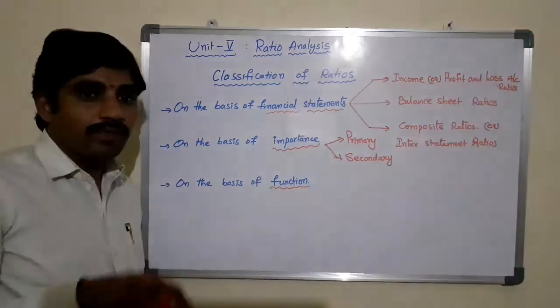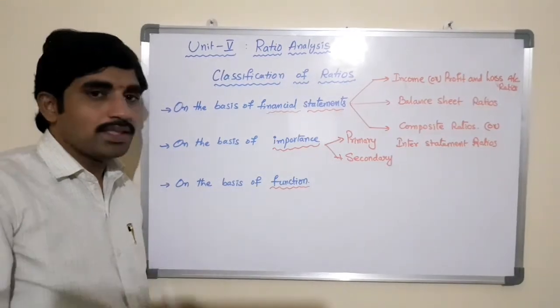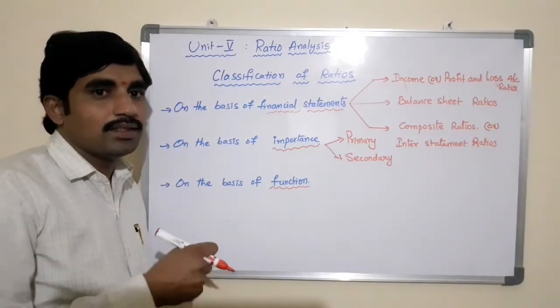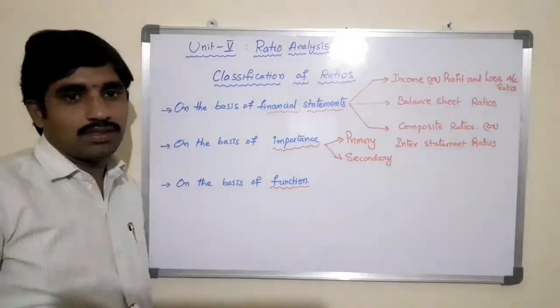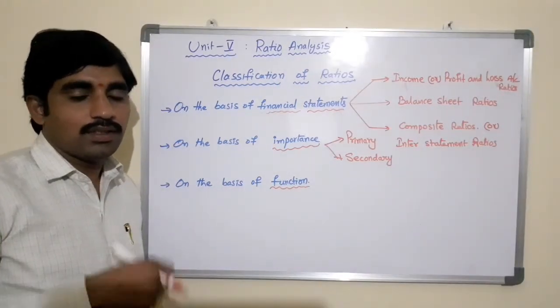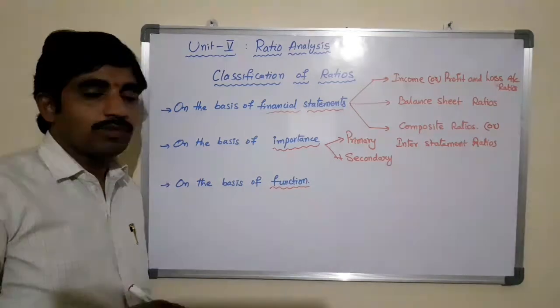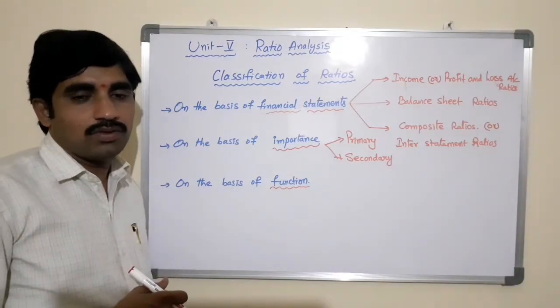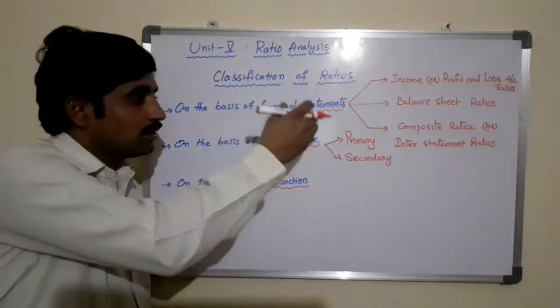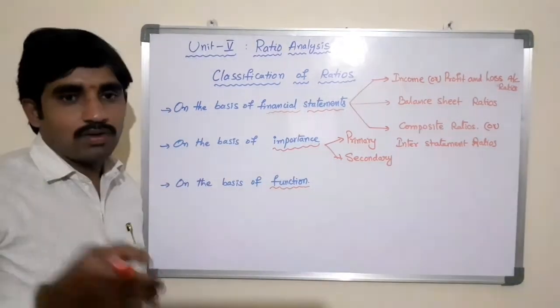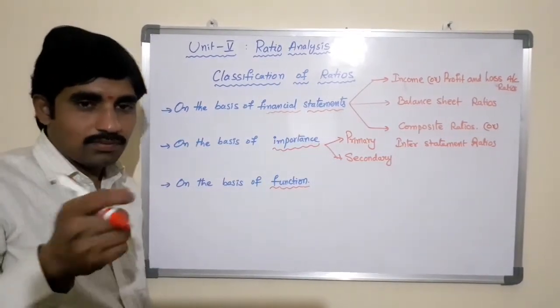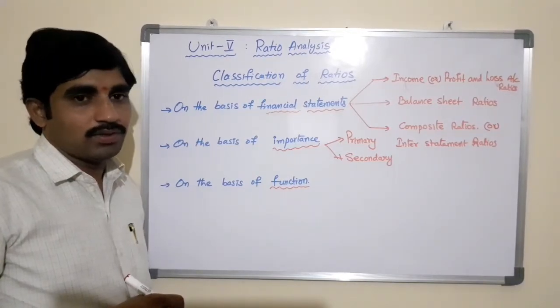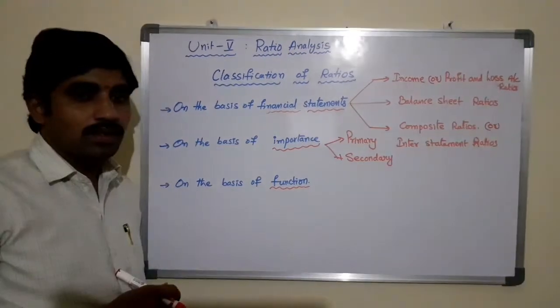All these ratios are very important because the basic purpose of an undertaking is to earn profits. The profit motive is the primary objective of the business. Hence, these primary ratios relate to the profitability ratios, followed by the solvency ratios.